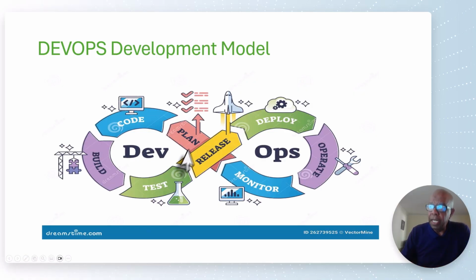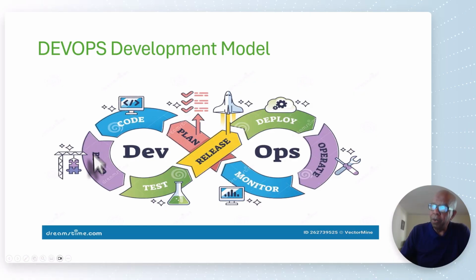Looking at it here, this is the development side. At the end of the development side, we release it into production, into operations. Now operations becomes a key piece of our discussion and our move. If something goes wrong, we take what went wrong and send it back to the development side.